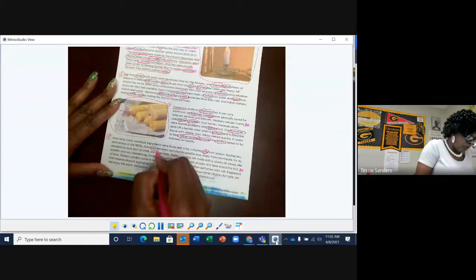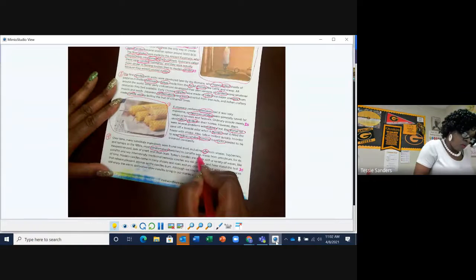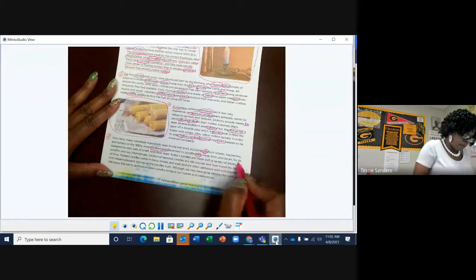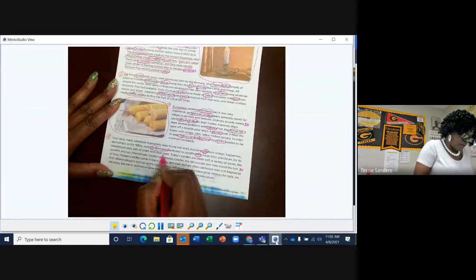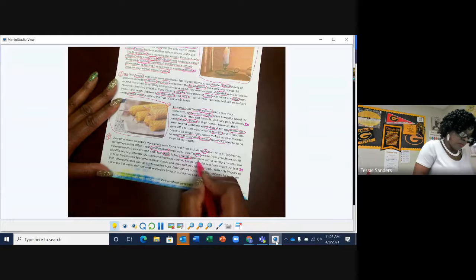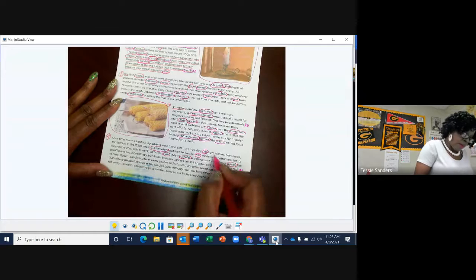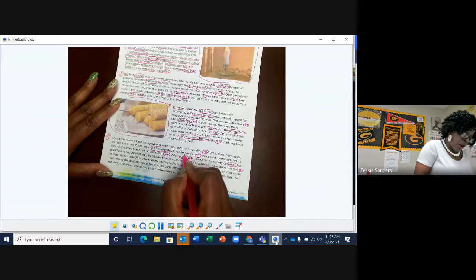Candle makers. Wax. Burn. Candles. Waxes. Let's see the word paraffin.